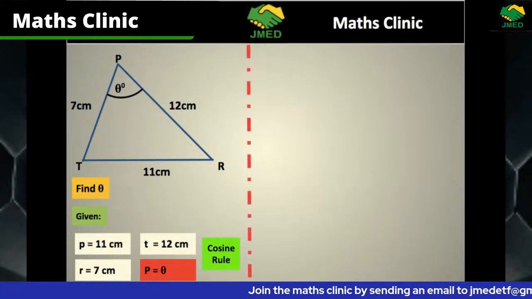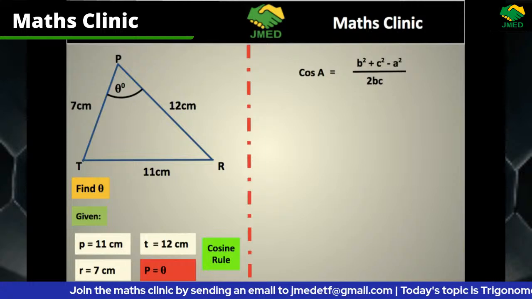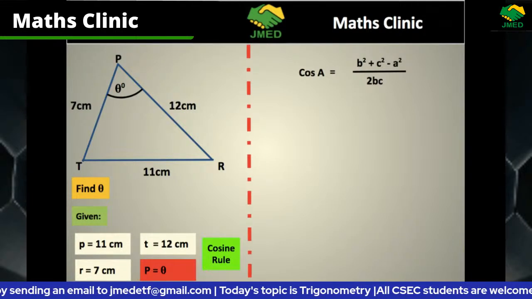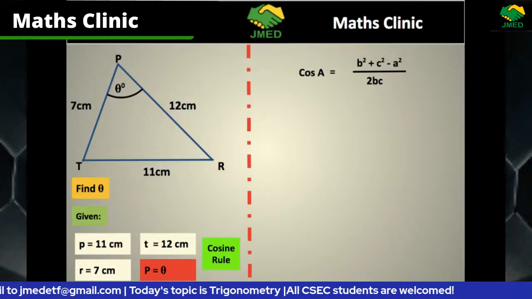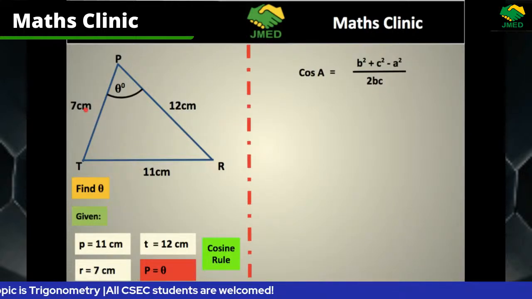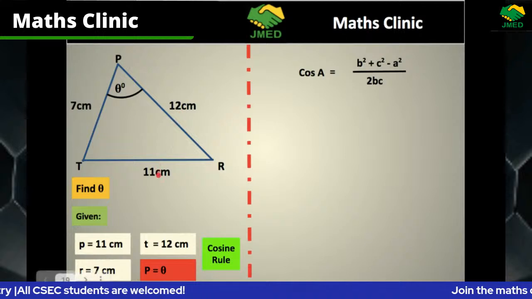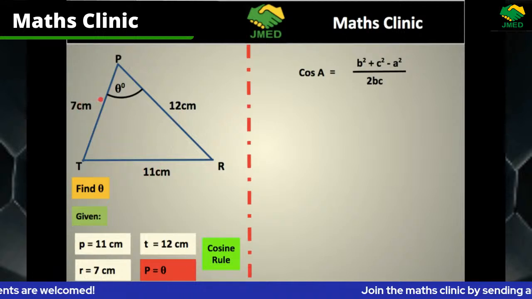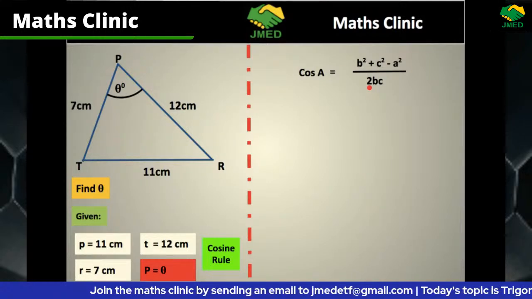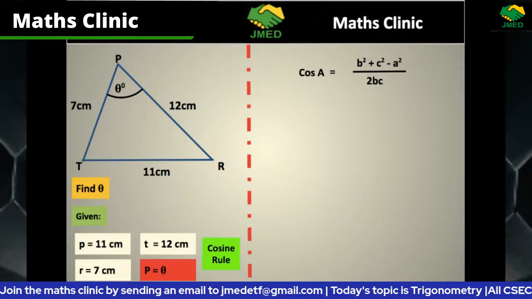Let's go to the formula. I'm going to write a different version of the cosine rule, which is also given. Sorry, why did I say quadratic formula? I meant cosine rule. What you'll find is that if you're given 3 sides and asked to find an angle, this is the one you use. You can use the other one, don't get me wrong, but you have to do a lot of transposition to get it right.